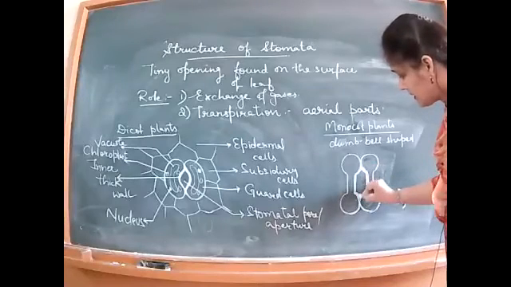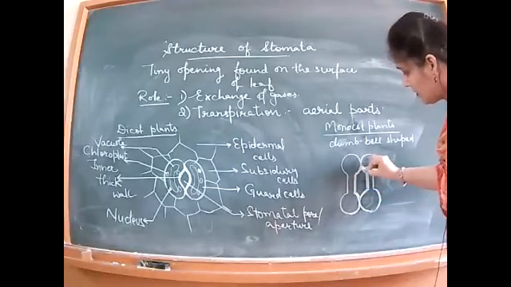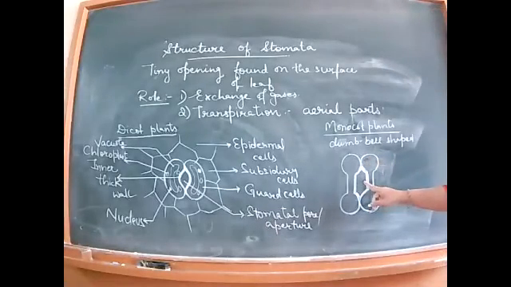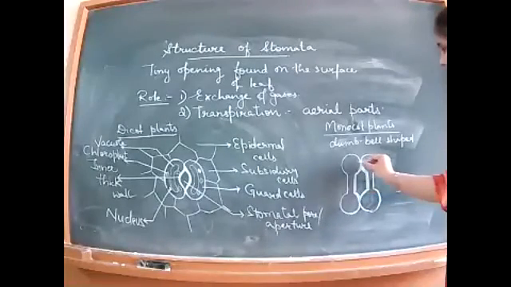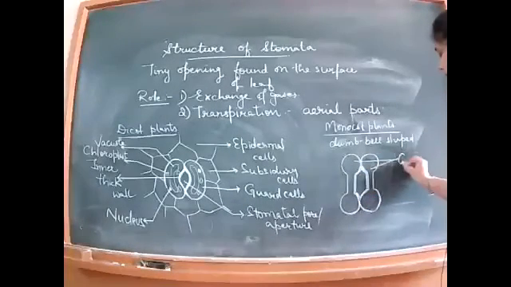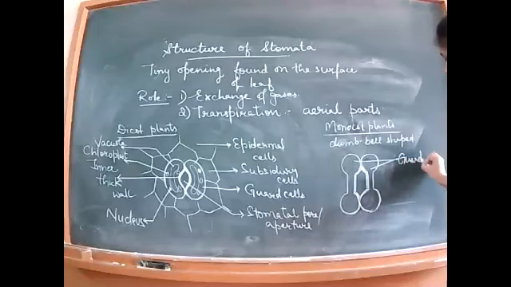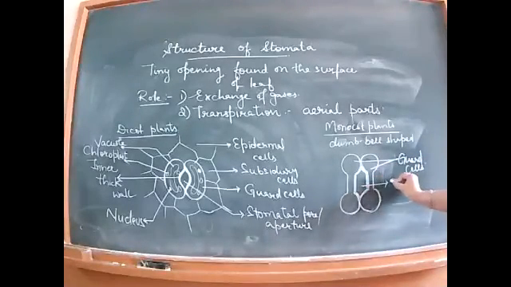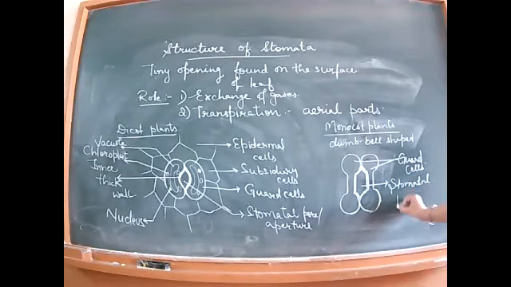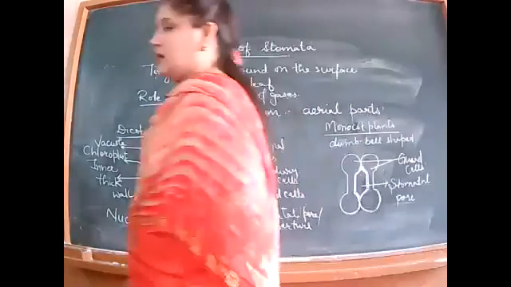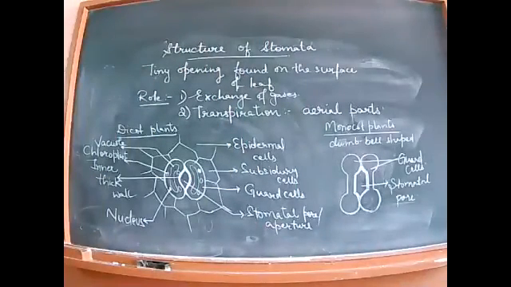Because it is elastic for the opening and closing of the stomata. So this is the stomatal aperture here, and these two are the guard cells in case of the monocot plants, and this is the stomatal pore or the aperture. Fine. So this is the structure of the stomata.